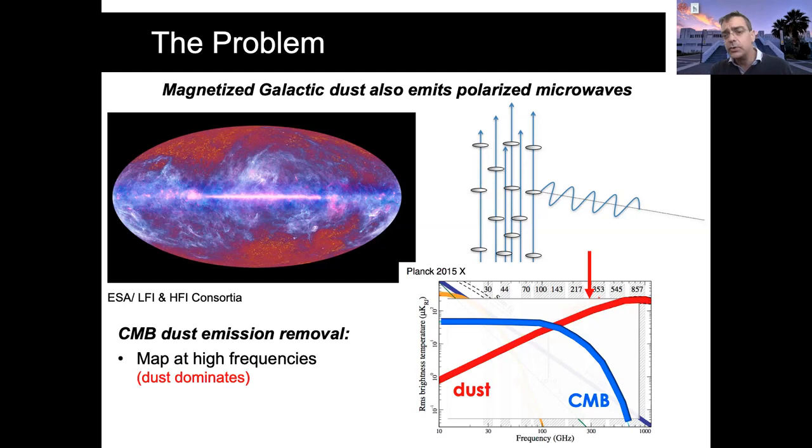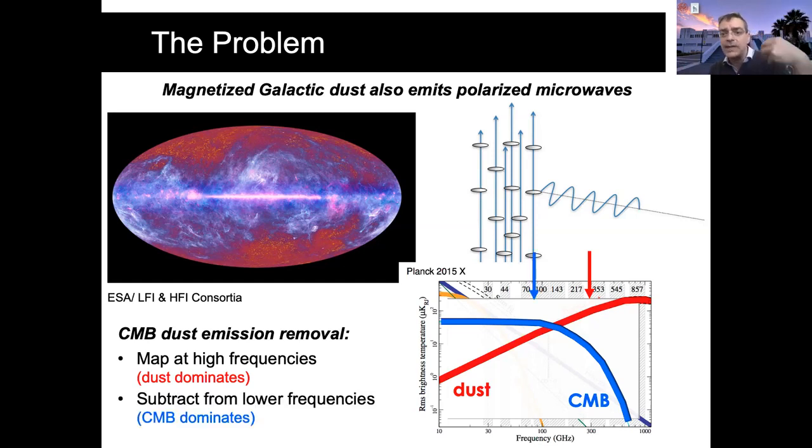And so what you do so far is that you make a map of the dust sky at high frequencies. Planck used 353 gigahertz, for instance, where the dust polarization dominates. And you map and subtract, you scale, right? You model, scale, and subtract the signal from what you see at around 100 gigahertz, where the cosmic signal is expected to contribute significantly.